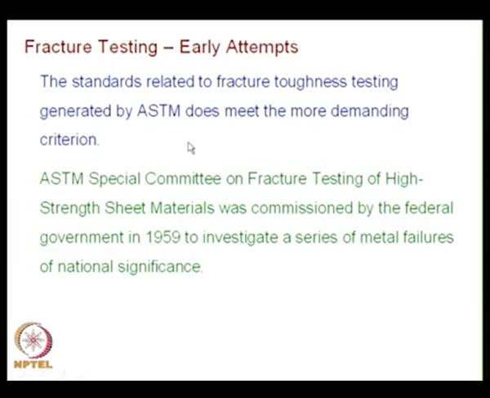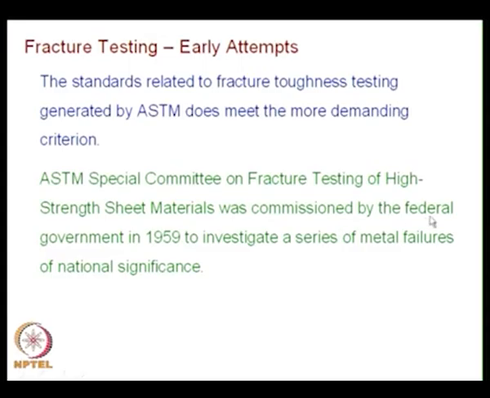And if you look at how people have proceeded in evolving the standard, it was the ASTM Special Committee on Fracture Testing of High Strength Sheet Materials, because these were used for aerospace applications.